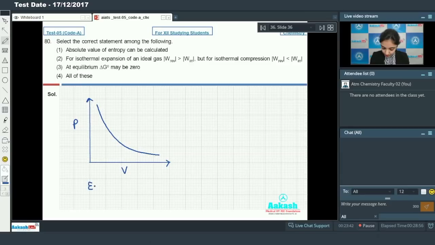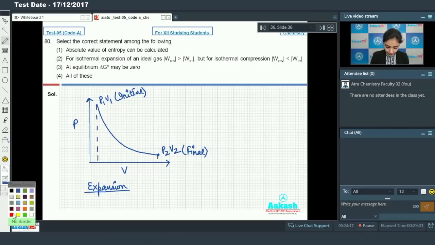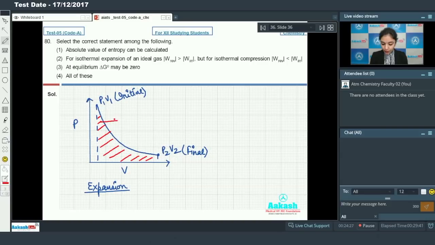So this is for the expansion, and here it is P1 V1, which is going to the final state, that is P2 V2. So this is the initial state and this is the final state. So in this case, the reversible work done will be this.